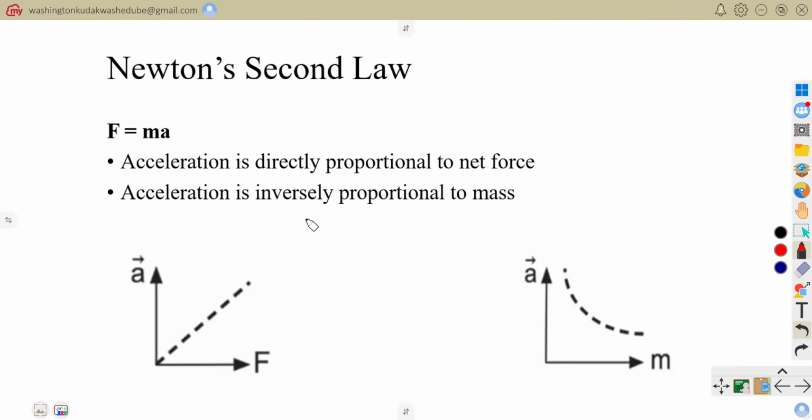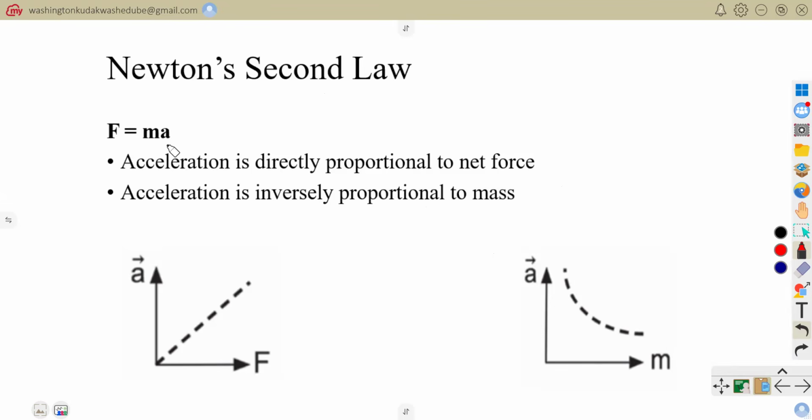We want to investigate this law deeply, because most of our application questions will come out of this law, so most of our marks will be examined on Newton's second law.